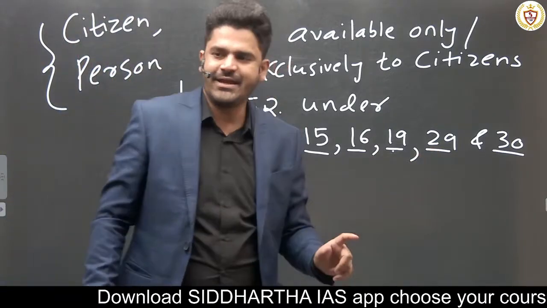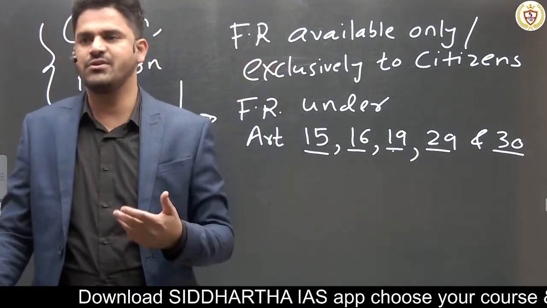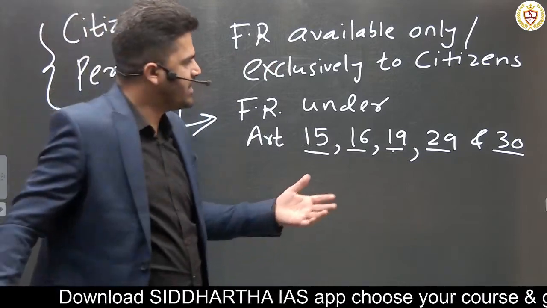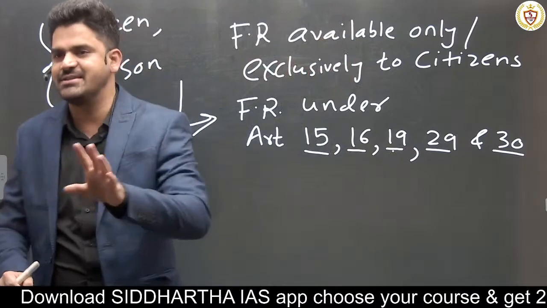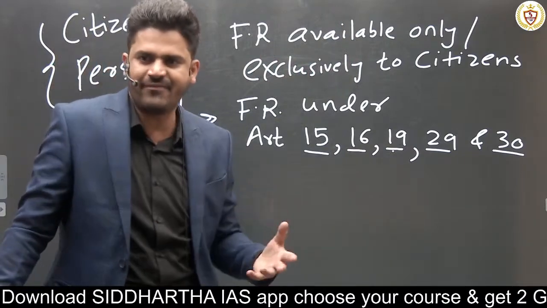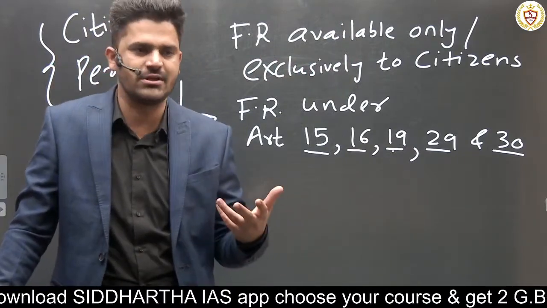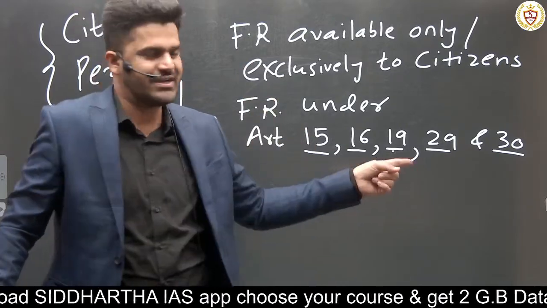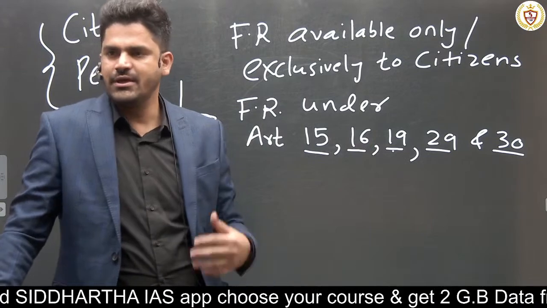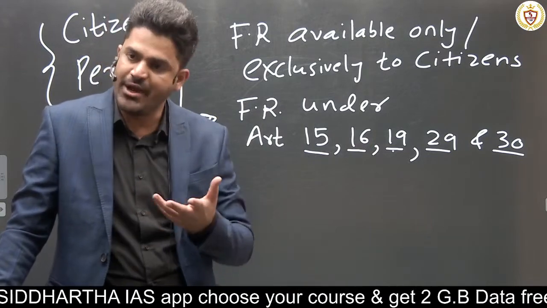Article 29 and 30, cultural and educational rights. Article 29 is about that any section of Indian citizens having distinct language, script, culture have the right to preserve the same. Article 30, educational rights of minorities.